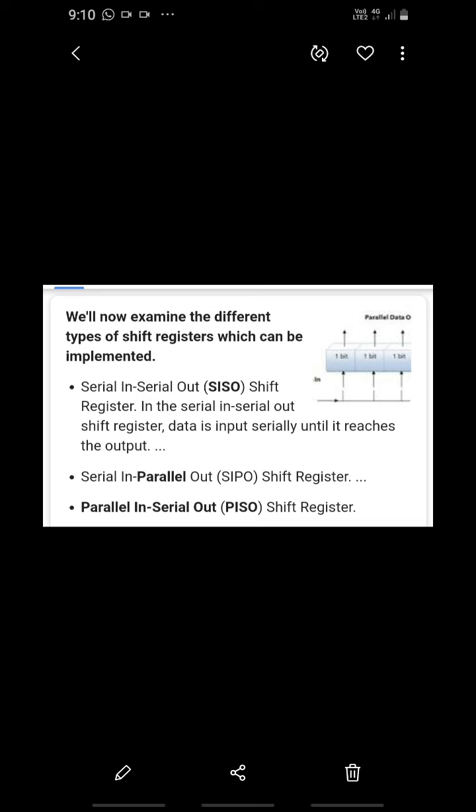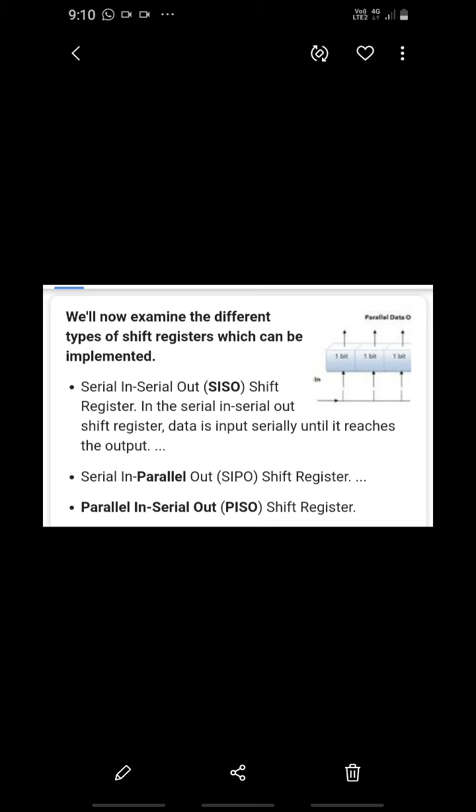That is, all the bits of a word are loaded in a single clock pulse, whereas the data shifted out is bit by bit or serially. The parallel in, serial out shift register is very useful in transferring data from a high speed device to a low speed device.